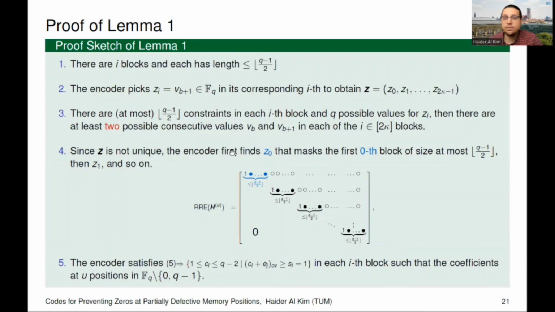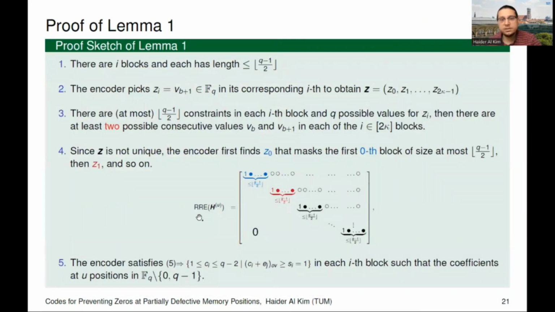The encoder first finds z0 in the 0th block and so on, and z1, as you can see here, in the second one, and so on. Then we can satisfy 5, and we will have output as the following, also except 0 and q minus 1.